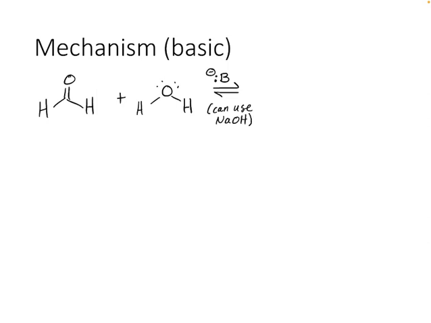So what do you think the first step here will be? So remember, bases want to take protons. And what would it take a proton from? The aldehyde or water?